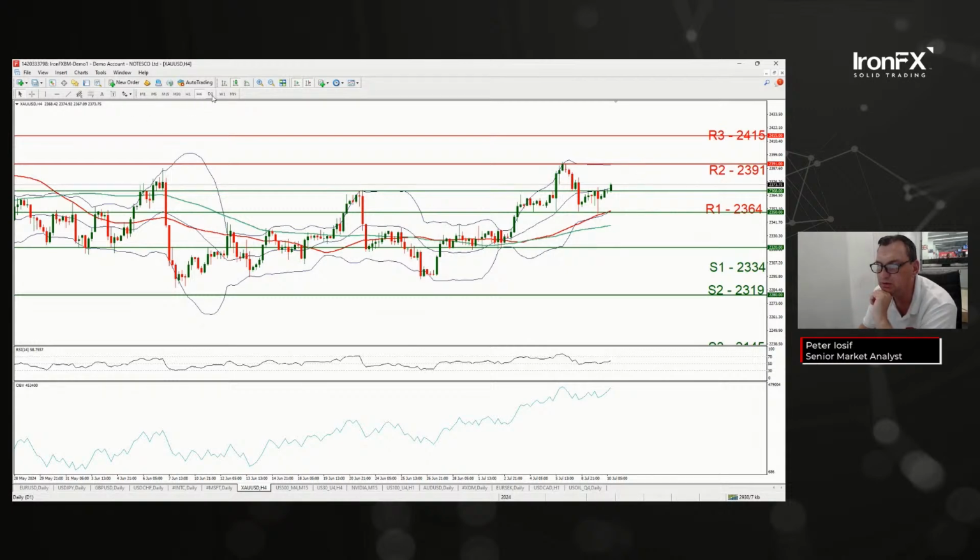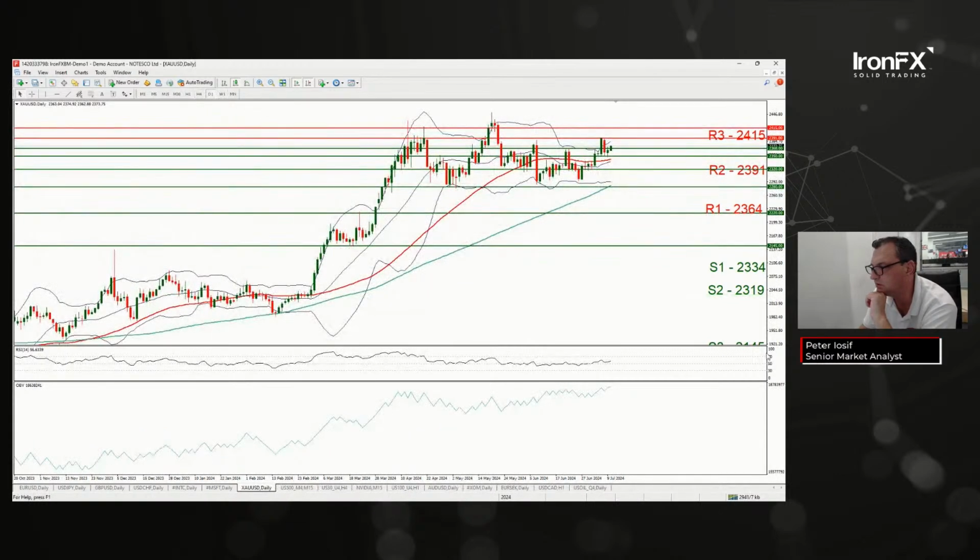Now, the final resistance line is going to be set at the all-time high of 2450 practically.